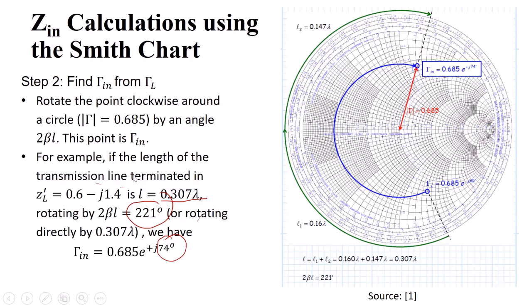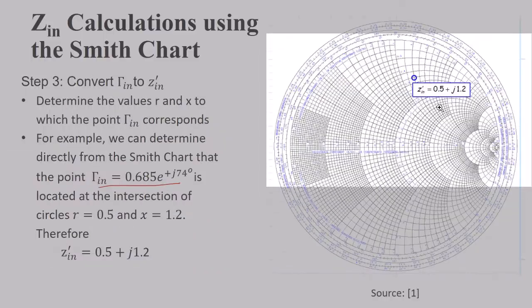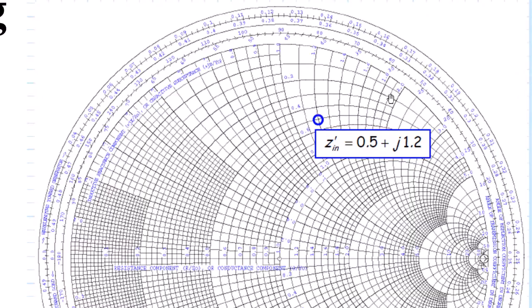So once you know gamma in, now you have to find out the normalized impedance. Just see at which point the R and X circles intersect. Here you have found your gamma in, and now you will read directly the value of R and X from the chart.